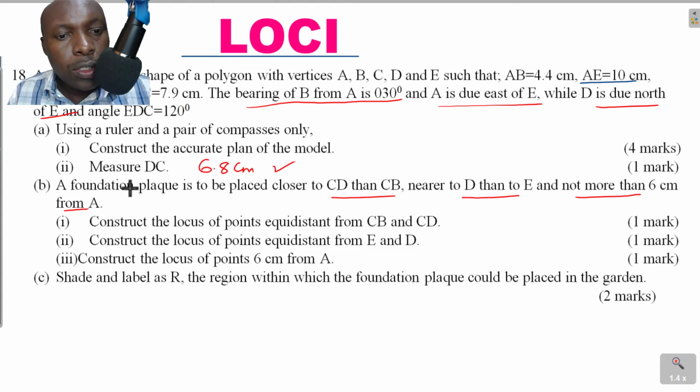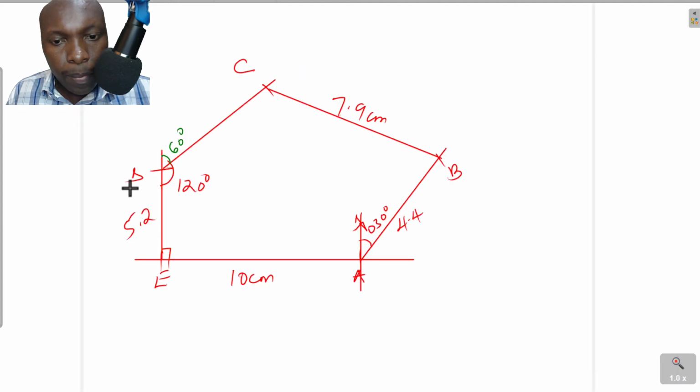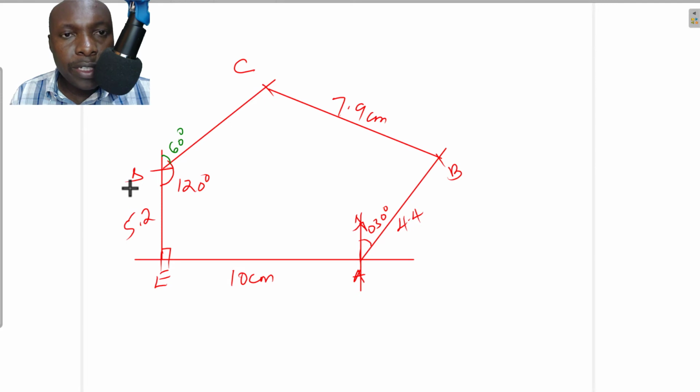1. Construct the locus of points equidistant from CB and CD. Look at where we have CB. That is the locus of points equidistant from two given sides that are intersecting.